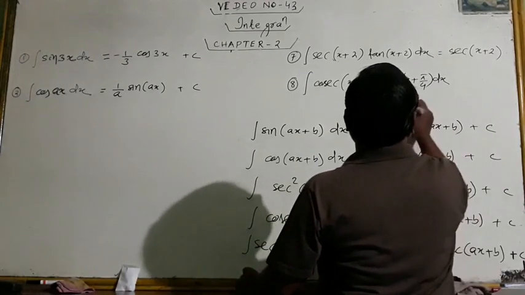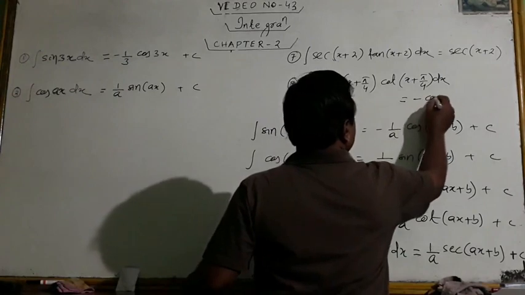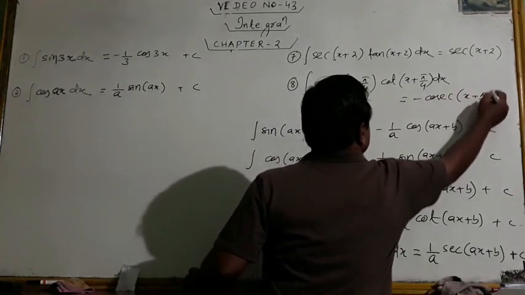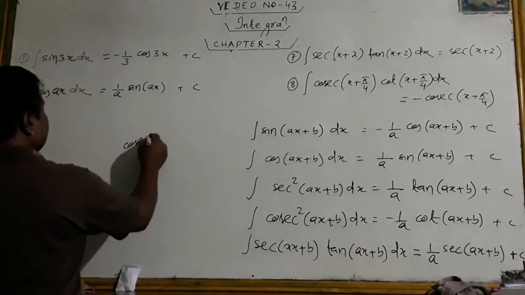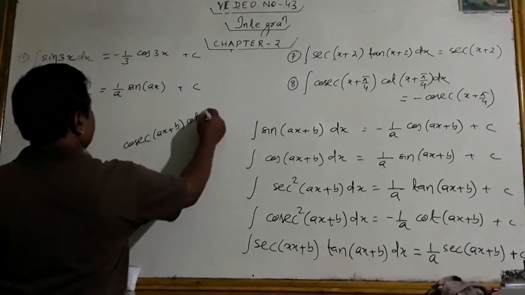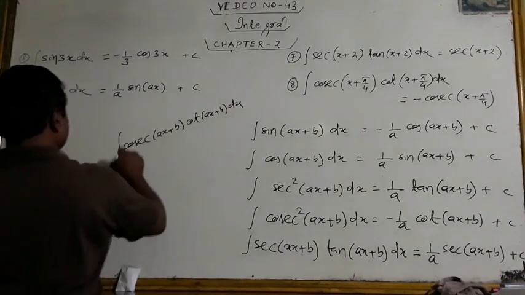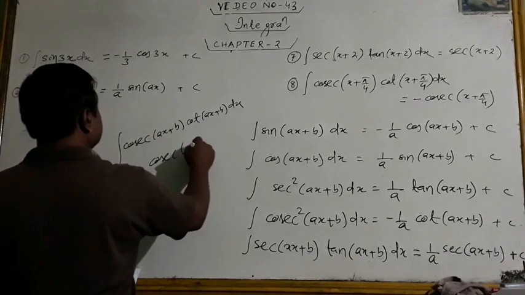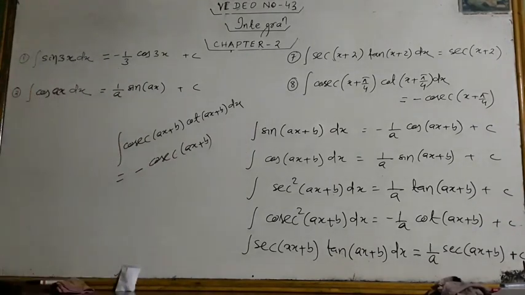Similarly, here the answer is minus cosec(x plus pi by 4), as for cosec(ax+b)cot(ax+b) dx the answer is minus cosec(ax+b).